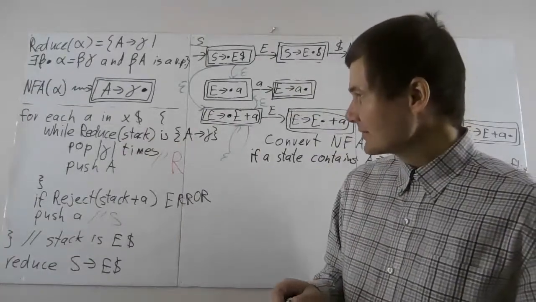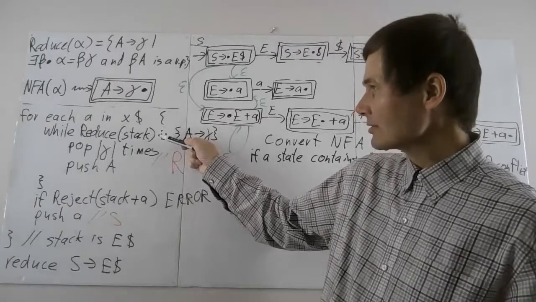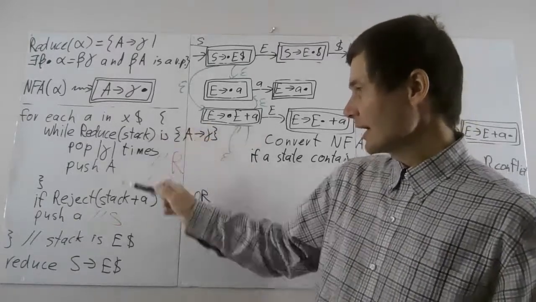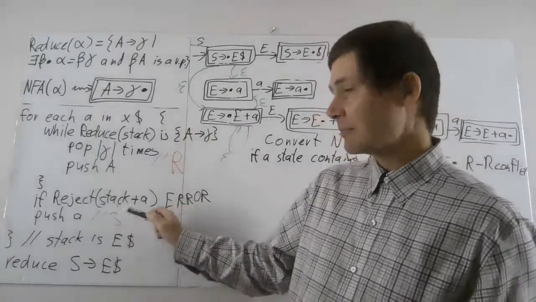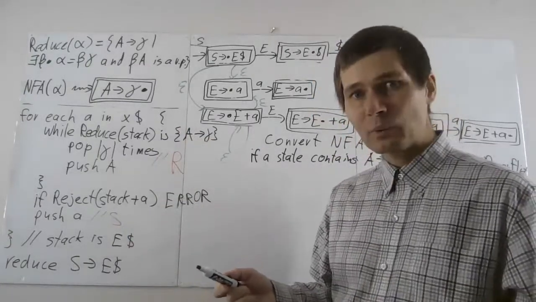Okay, so, how do we know whether it's okay to not reduce? Or in other words, if we reduce and then we push something, will we still have a viable prefix?